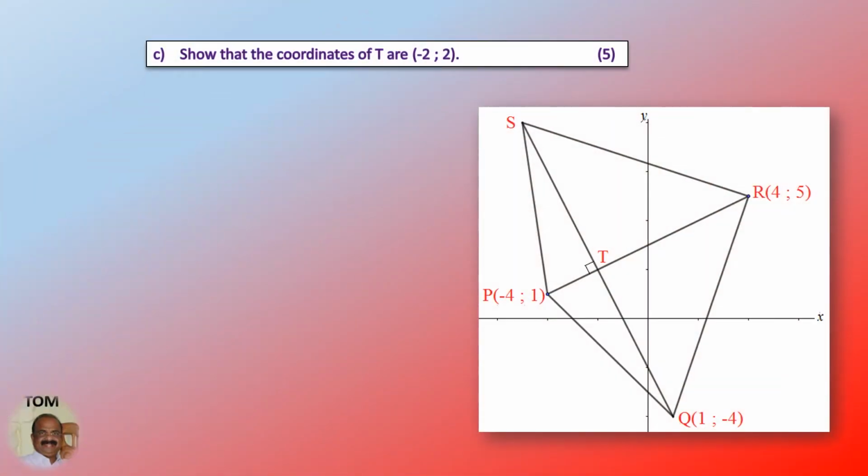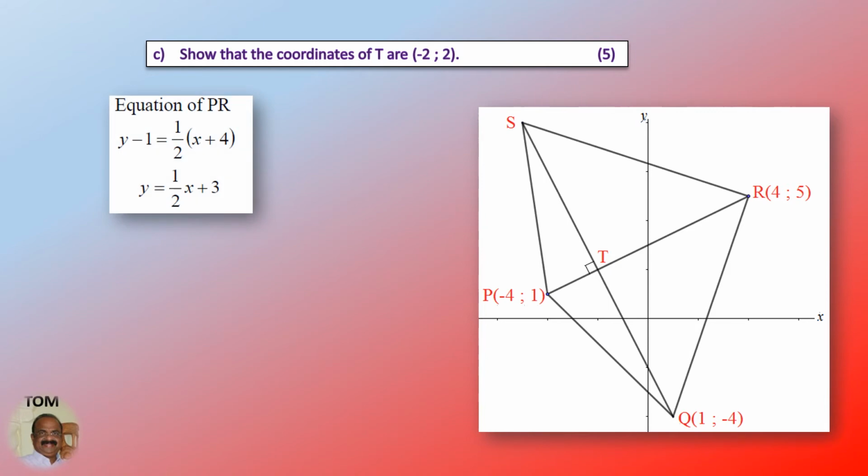Show that the coordinates of T are minus 2, 2. We can see that T is a point of intersection of SQ and PR. So for any point of intersection, we always have to solve the two equations simultaneously. Now, equation of PR. Let us write down the equation of PR.